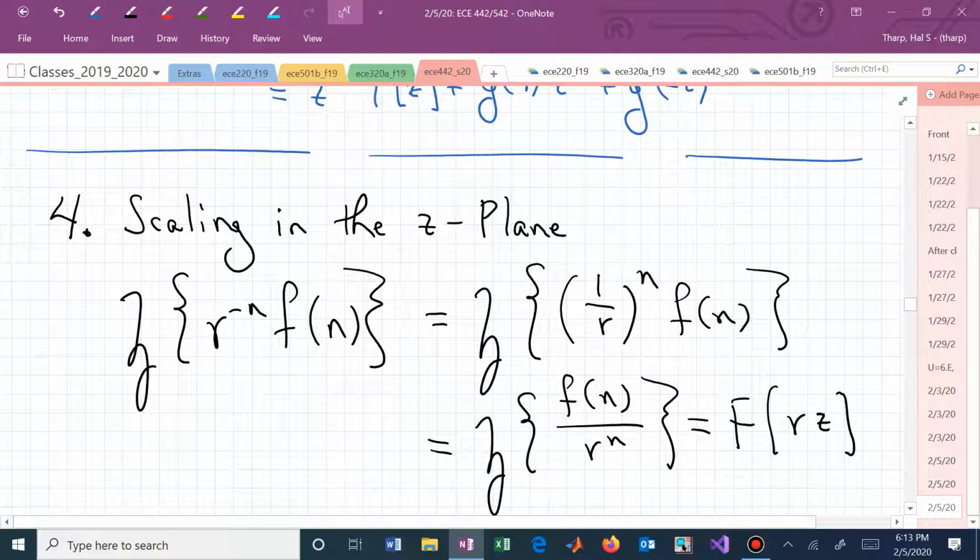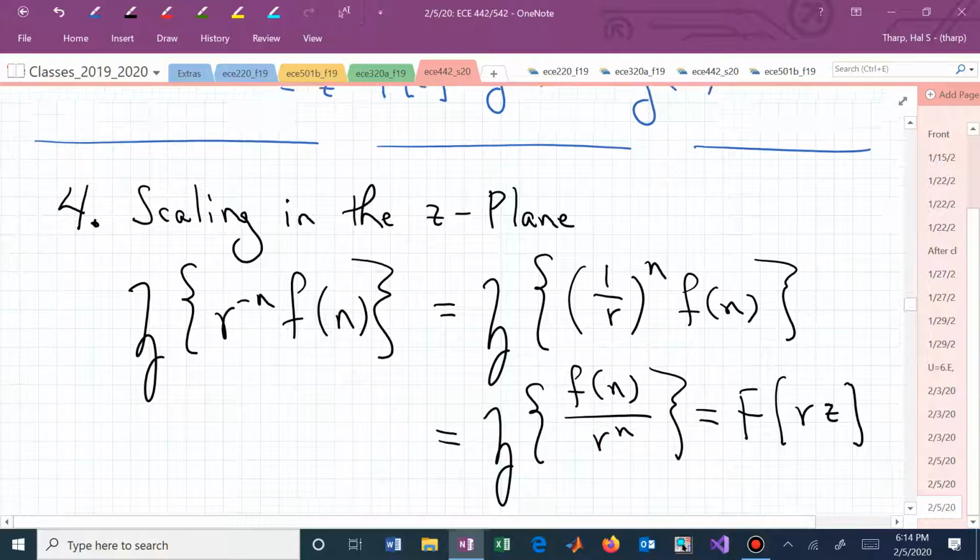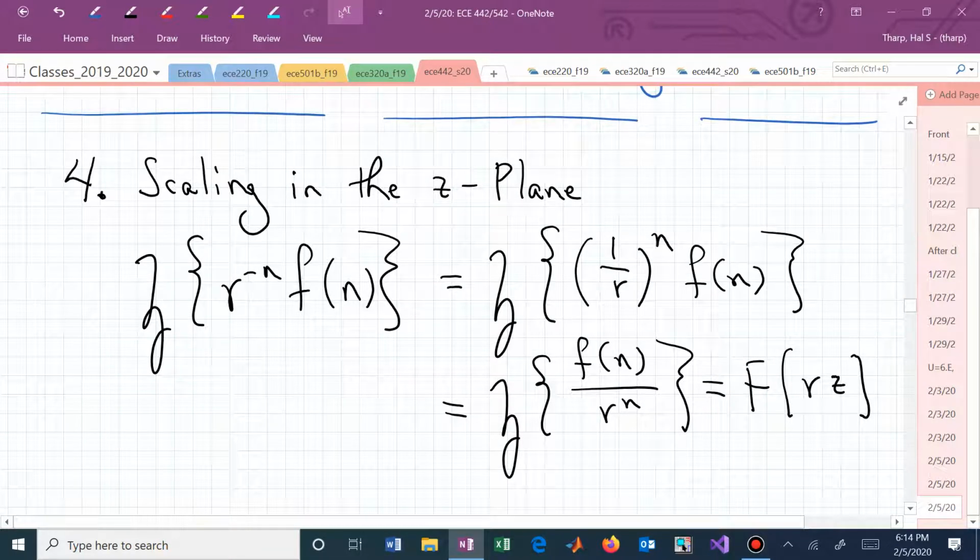r to the minus n, that just says, oh, put the r in the denominator, so you could think of this as 1 over r to the n. If you now sort of see what's happening, let's say f of n was, I don't know, 1/2.